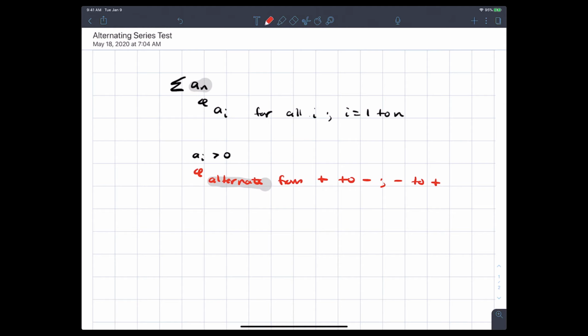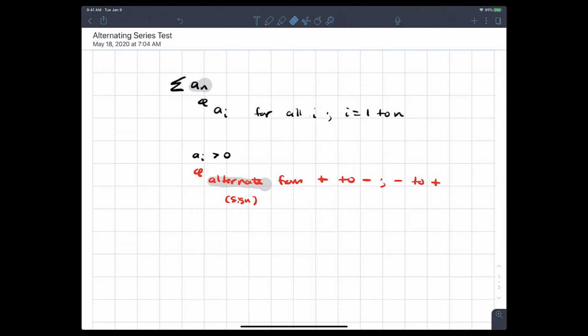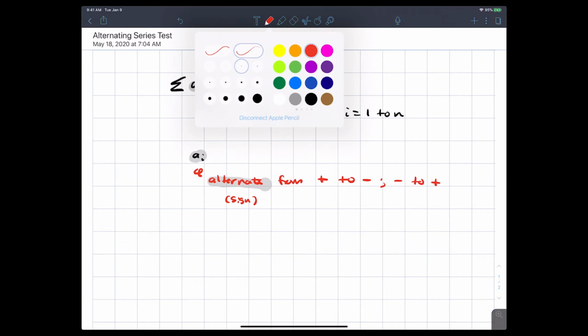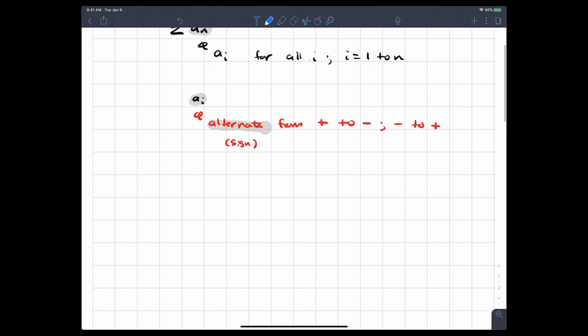So the assumptions for these terms, the a_i, are no longer that it's simply positive. These terms are going to alternate between plus or minus. Now, what that means is we have to have an alternating mechanism. So let me remark here about those things.